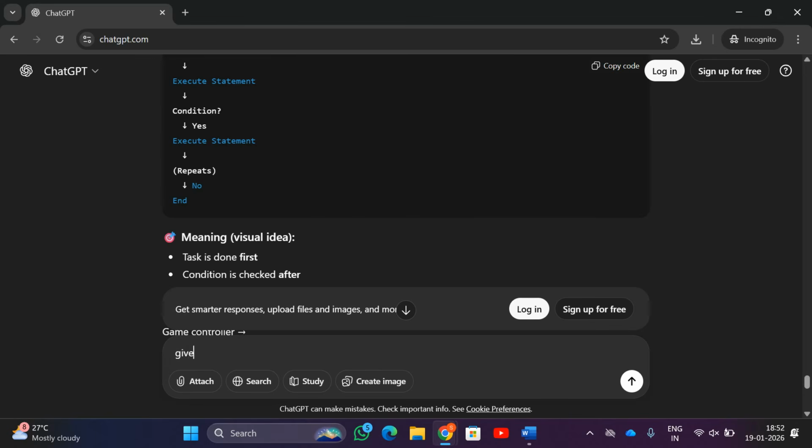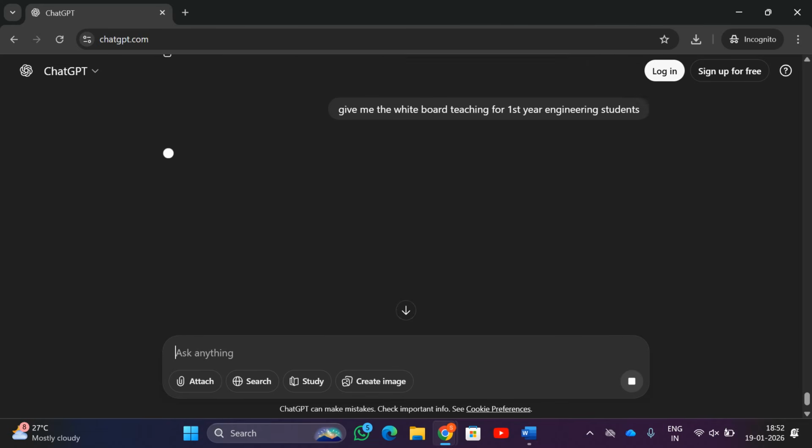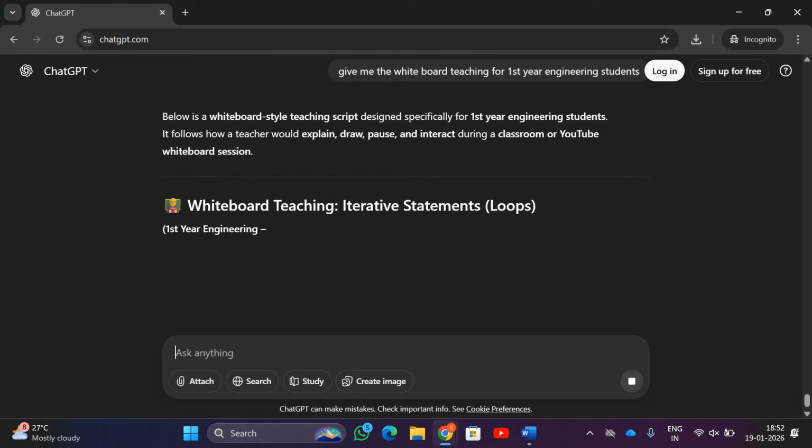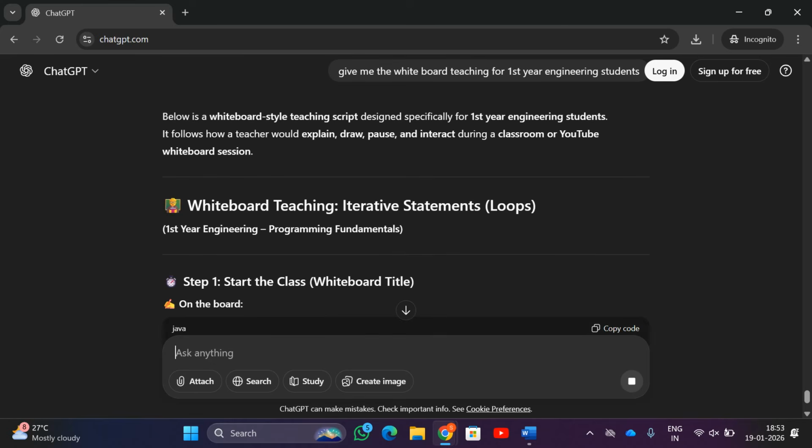So give me whiteboard teaching for first year engineering students. So you can also give the target audience so that it will give the complete and very accurate thing. So whiteboard teaching, iterative statements.